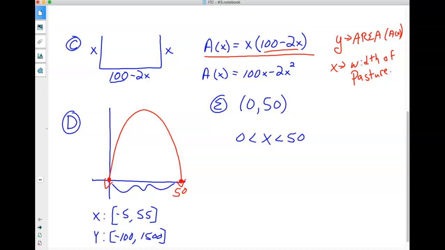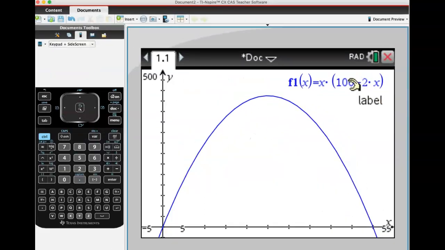So F, we're going to use our graph to determine the dimensions of the pasture if the area is 500 square feet. Okay, so here we go. Here I'm going to show you two different ways to use your graph. On the graph, where the heck is 500 square feet?